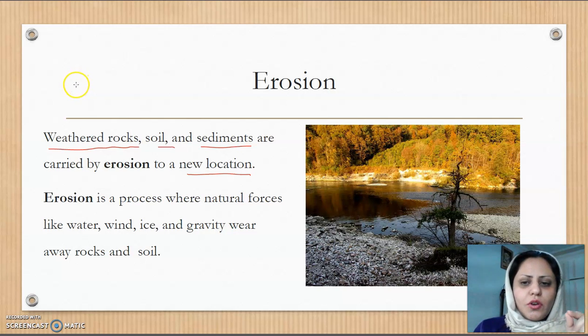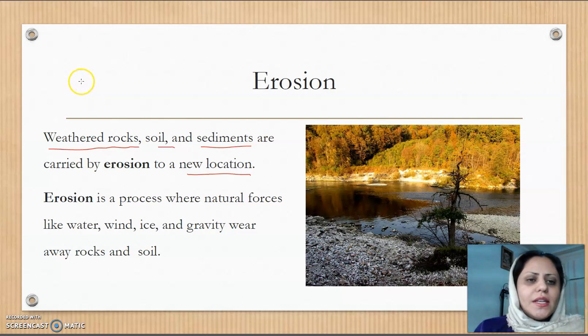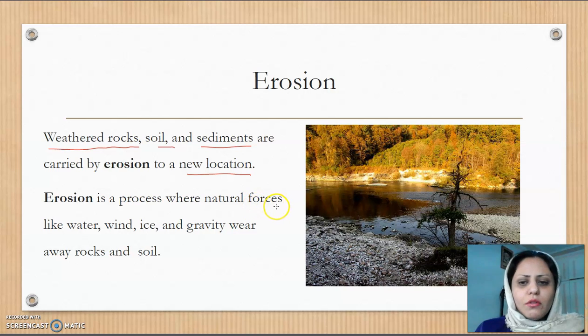Or if we're talking about sediment, wind is strong enough to pick it up and take it to another place and drop it. We call this movement from one place to another erosion. So erosion is a process where natural forces like water, wind, ice, and gravity wear away rocks and soil.